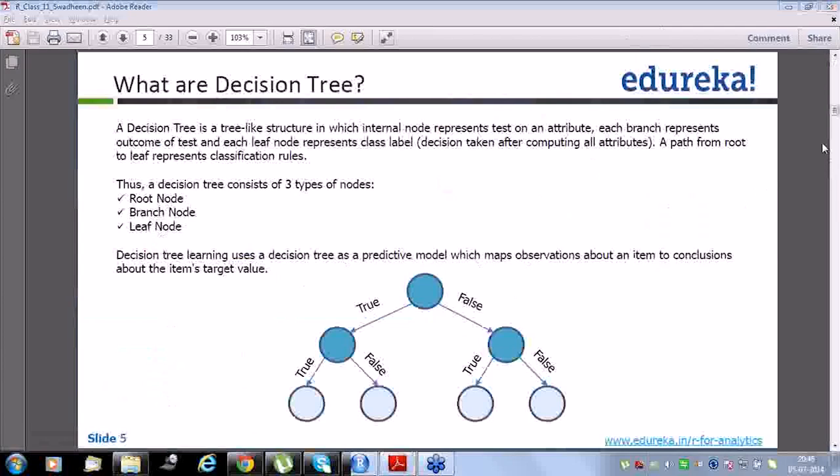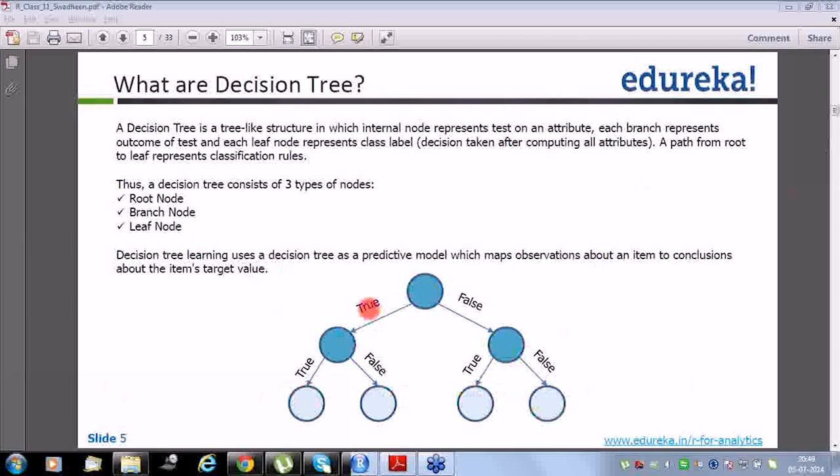So the root node is where the tree starts. These are the branch nodes, and these may be considered leaf nodes, and it can go on. If you look at that, it is a kind of binary tree where one root node is dividing into two children nodes or branch nodes.